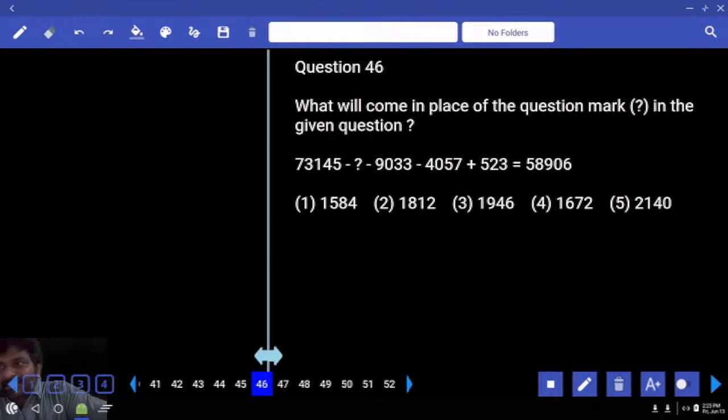Can we verify last digit verification? Come on. No. Because 2 options are ending with 2. But still, because 3 options are ending with different numbers, I want to see our luck. Okay. Where is X? Left or right? Which sign? Minus.